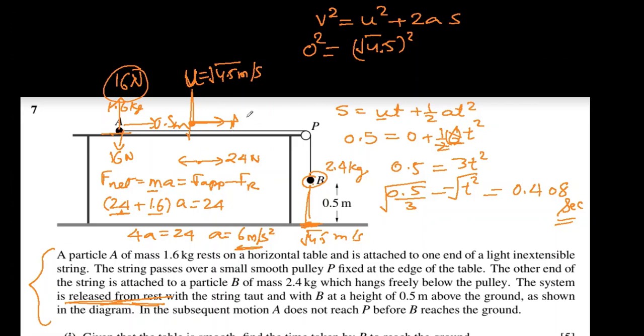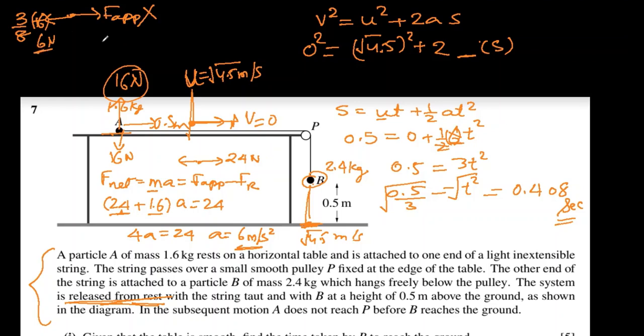They said before the pulley it stops, so final V is 0 plus 2 times S. We don't know S, we have to find S, and acceleration is again a challenge. So let's find acceleration again. Free body diagram, force applied, 0, nothing. Resistive force, we found it, mu, which was 3/8 of 16, and that was 6 newtons. So we have 6 Newton resistive force, no forward, so we can find acceleration now.